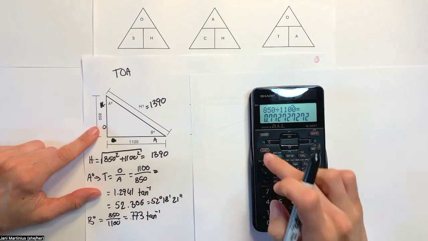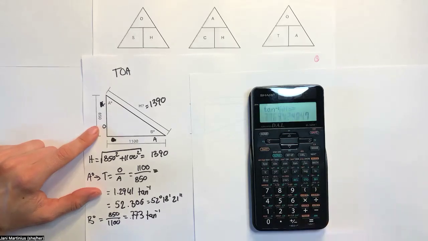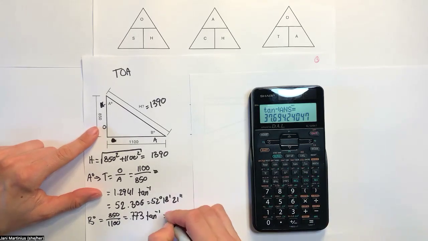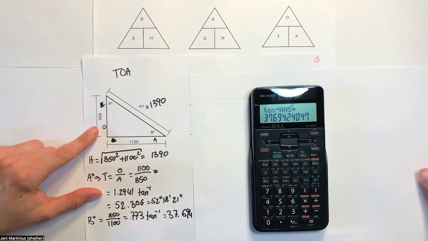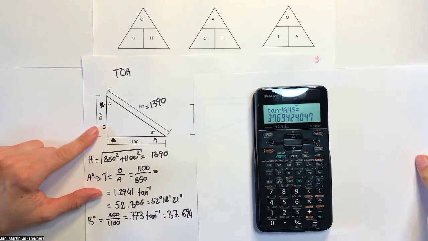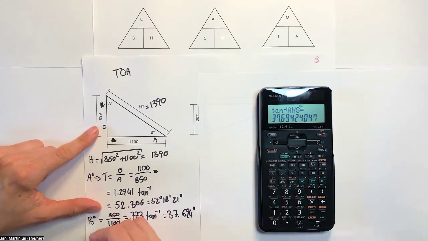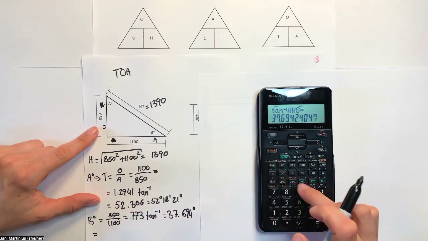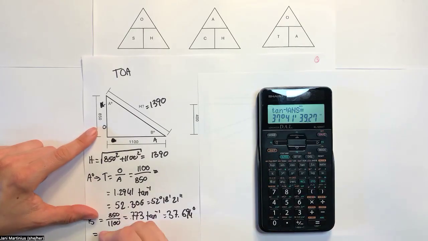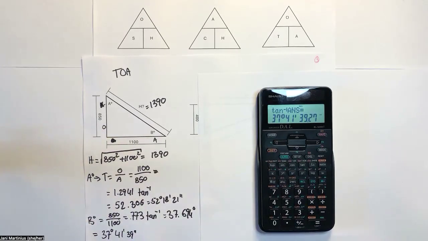Inverted tan function gives us 37.694 degrees. And if we change that into degrees, minutes, and seconds, we get 37 degrees, 41 minutes, and 39 seconds.